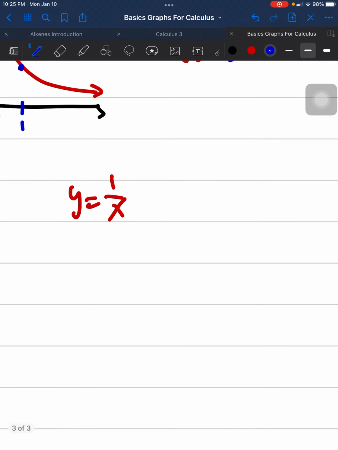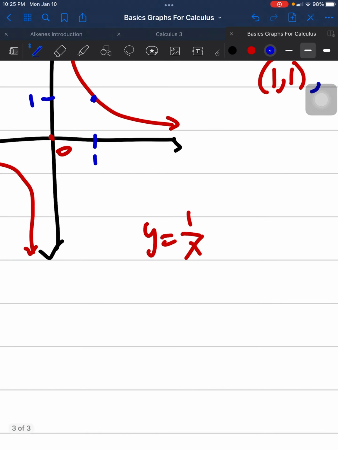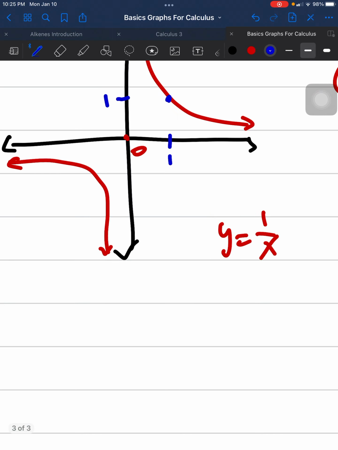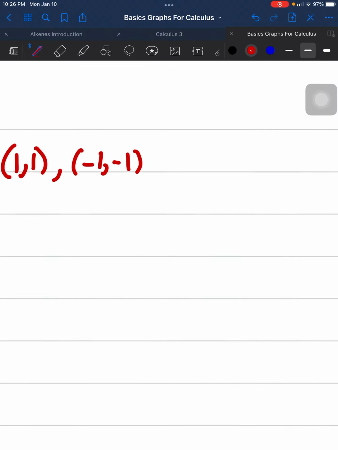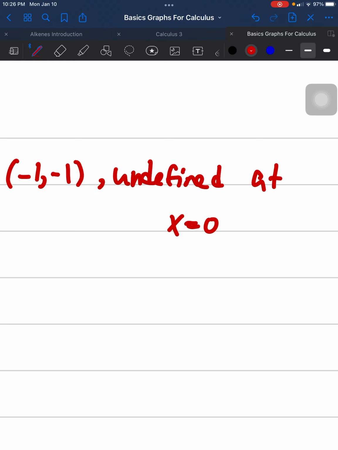Then you can plug in 2, which is going to just be 1/2. But you should just go the other way around and plug in negative 1 for x. So 1 over negative 1 equals negative 1. So the key points are 1, 1, negative 1, negative 1, and undefined at x equals 0.